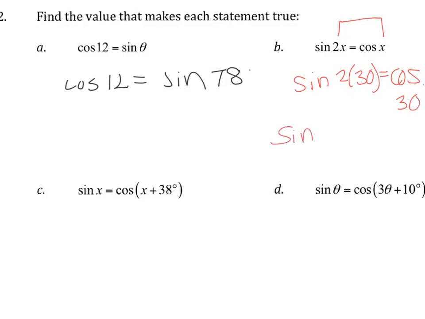So sine of 60 is equal to cosine 30. Down below, I know that the sum of the two angles has got to be equal to 90.